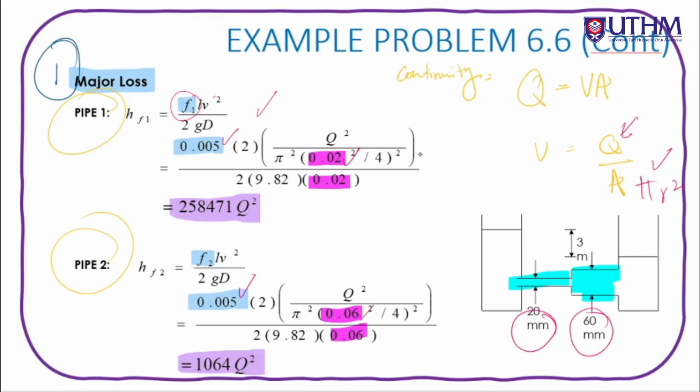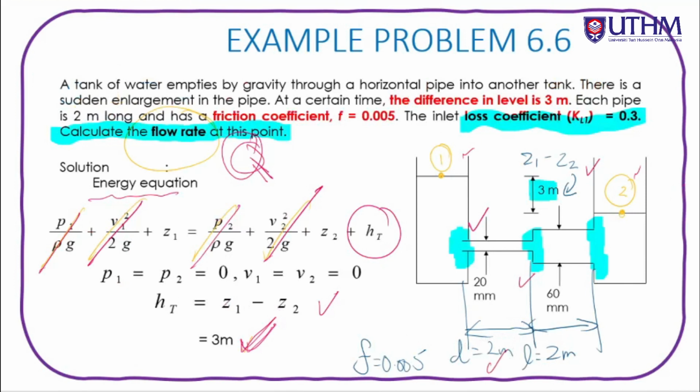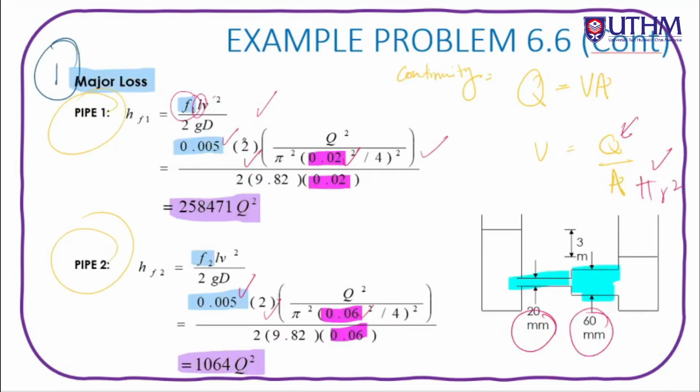So kita guna and then 2G D. Okay, ini pun length pun standard 2 kan, sebab dia kata apa tadi, dia punya length adalah 2 meter and 2 meter sama. Alright, so kita selesaikan, kita dapat major losses at pipe 1 dengan major losses at pipe 2 in terms of Q, flow rate. But we are not done yet.